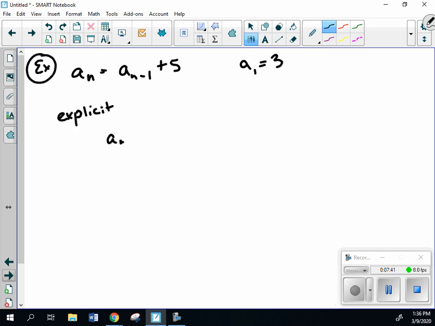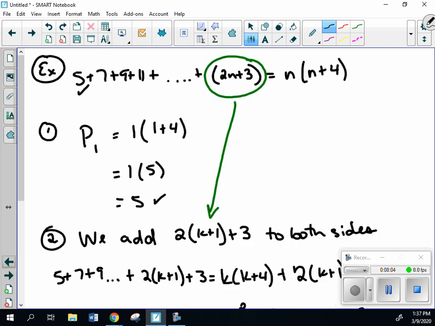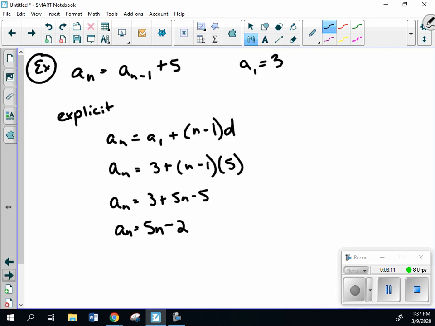Piece of cake, because we already know the arithmetic form and its formula. I could multiply this out a little bit and get it reduced down. I now have a rule, just like we had a rule in the last example, that 2n plus 3. Now I have that rule. It's 5n minus 2.